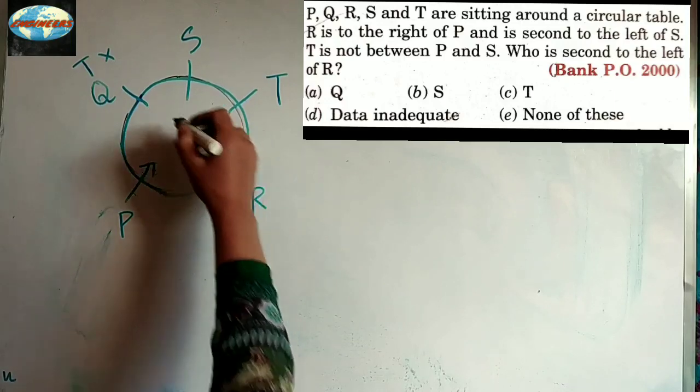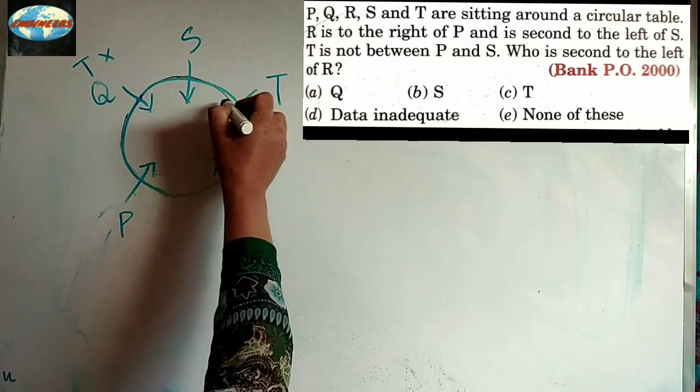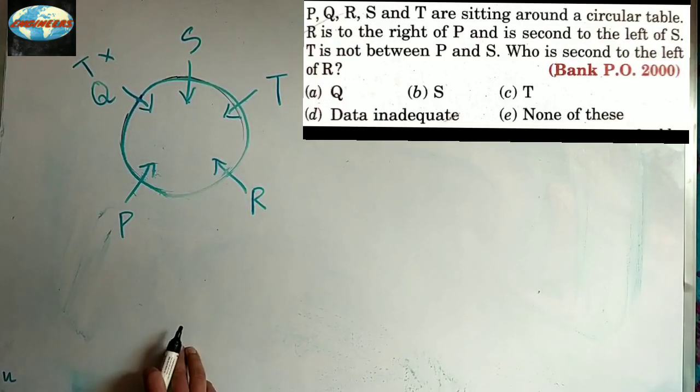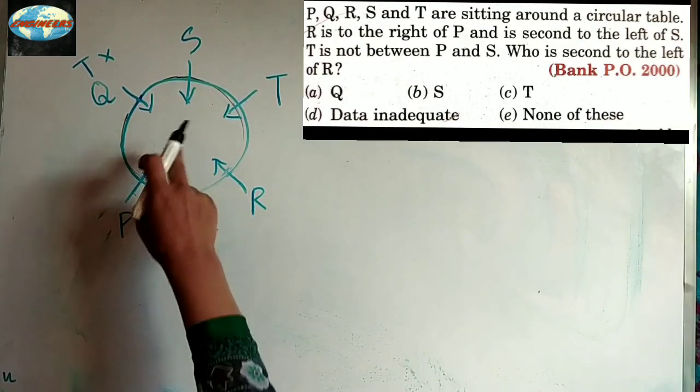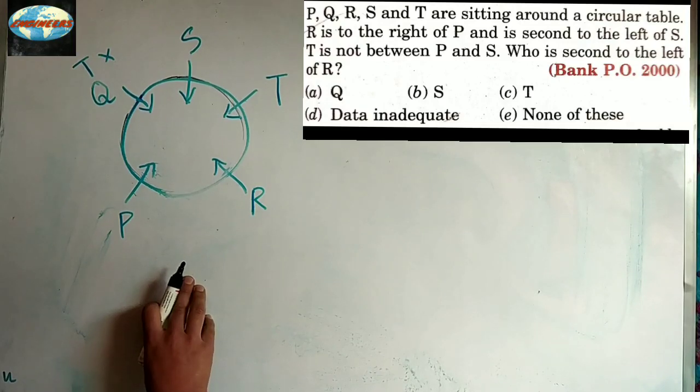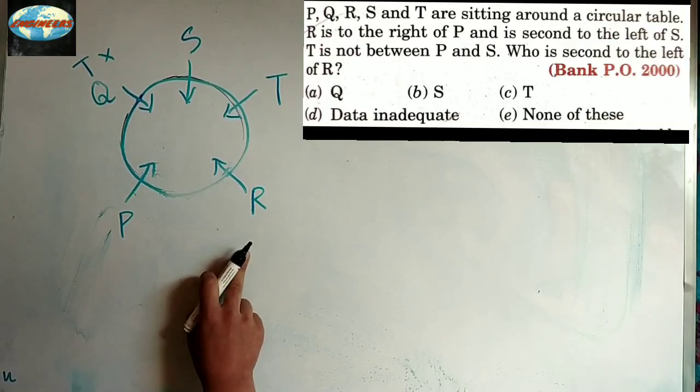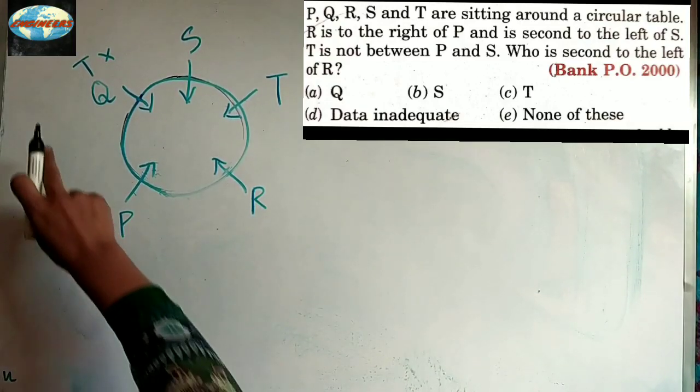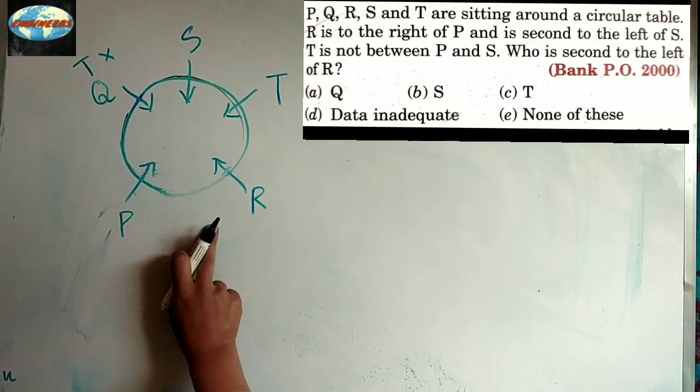This is R. See, in this question, there is nowhere written that the people are facing the center or facing away from the center, and we have assumed that all of them are facing towards the center. Now the question is, who is second to the left of R? This is R and this is the left direction. Clockwise, I have told you already.